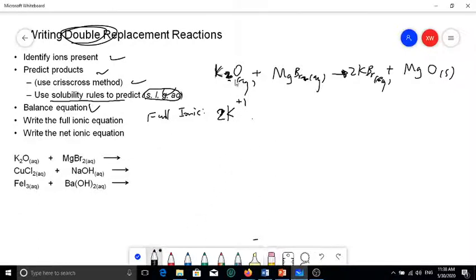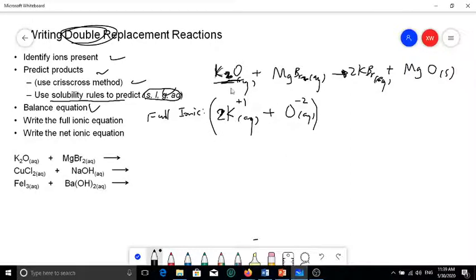And of course, the entire compound is aqueous, so this potassium cation is also aqueous. Plus oxygen as the anion. Everybody has to be in ionic form. Oxygen with -2 charge, and there's only 1 oxygen, so you don't need any number here, aqueous.